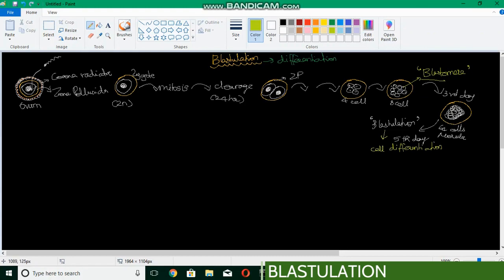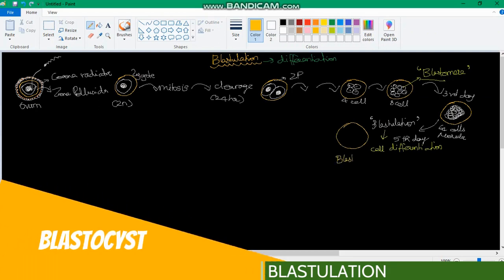The blastomeres are going to develop into two different types of cells in the process called blastulation. Let's see how. We're still going to have the zona pellucida, no increase in cell size. We're going to get a structure called a blastocyst.